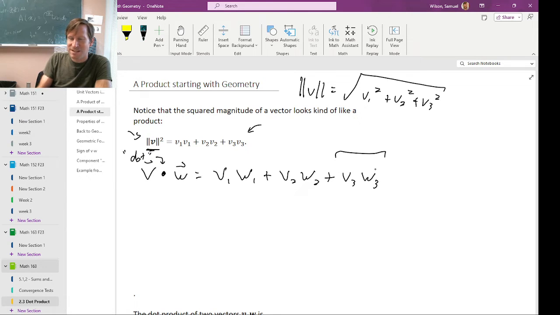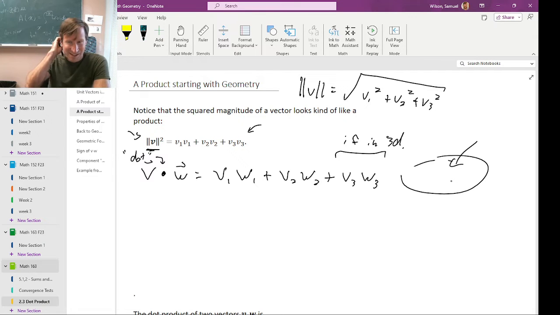And of course, this last term is just if we're in 3D. If we're only in 2D, then we'll only have the first two terms. And if you are in a larger dimensional space than three-dimensional, you might have other terms on the end. So this is a perfectly fine way to define a product.